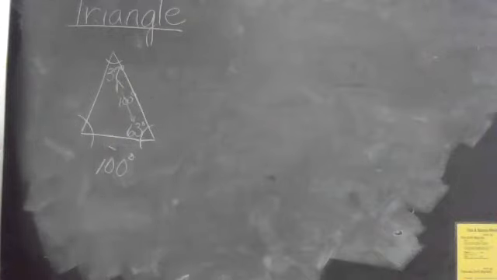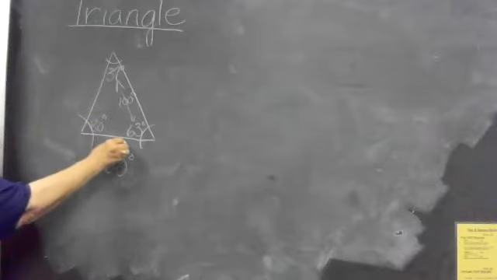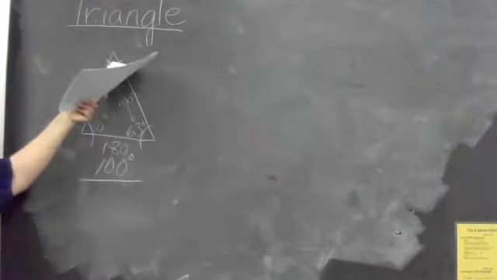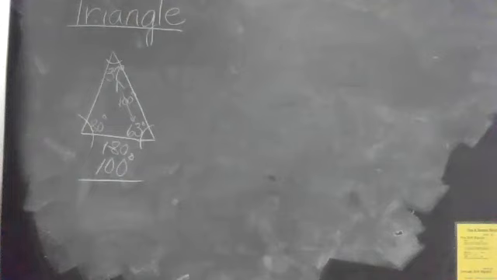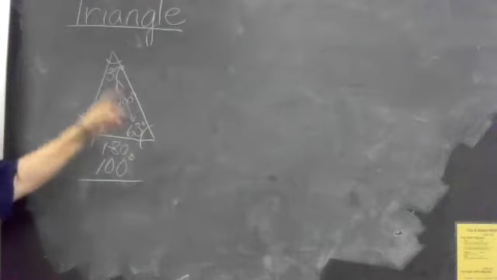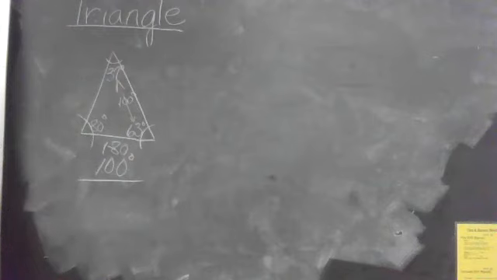So how many's left for this? 80 degrees. Because you take 180, which is the total, and subtract the ones that you know. That's like we did on the perimeter yesterday. Do y'all remember? If you were finding what was left, you took the total and then subtracted the pieces that we know, and that leaves the one we don't know.